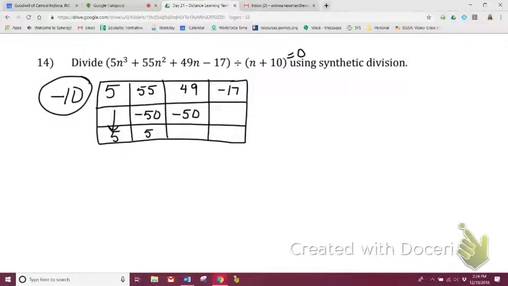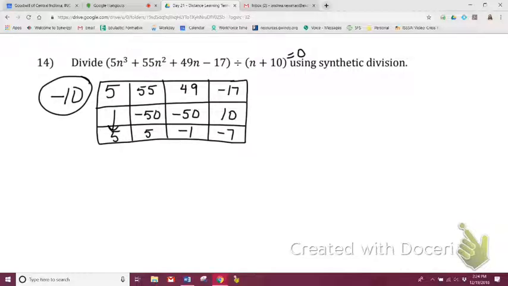Add again. What's 49 minus 50? Negative 1. Multiply negative 1 times negative 10, positive 10. Then add these together again. Negative 7. That last number is going to be what? Your remainder.